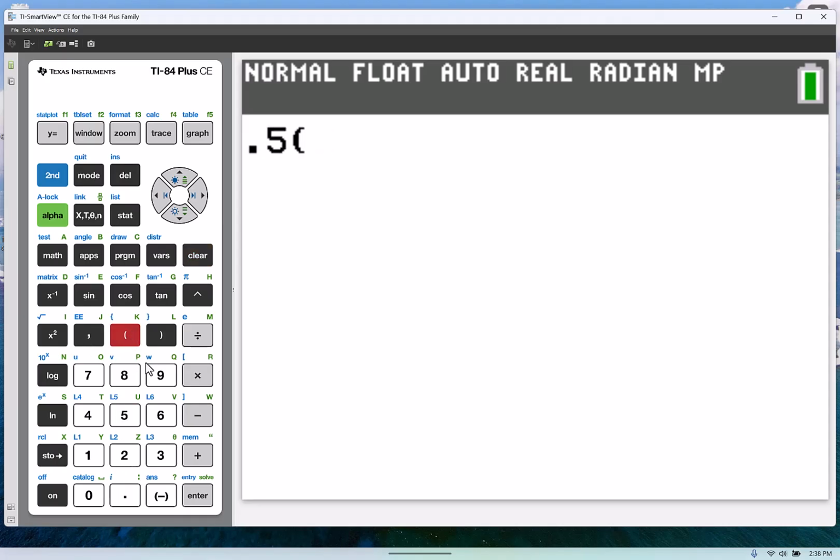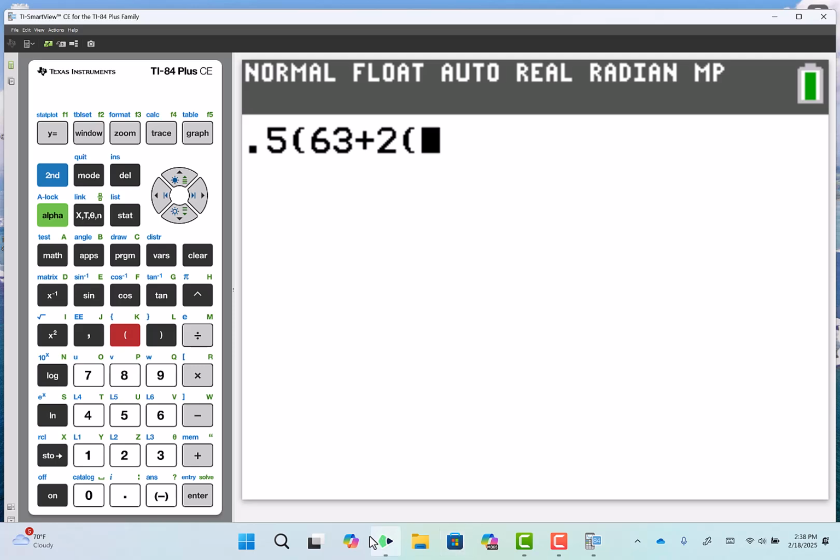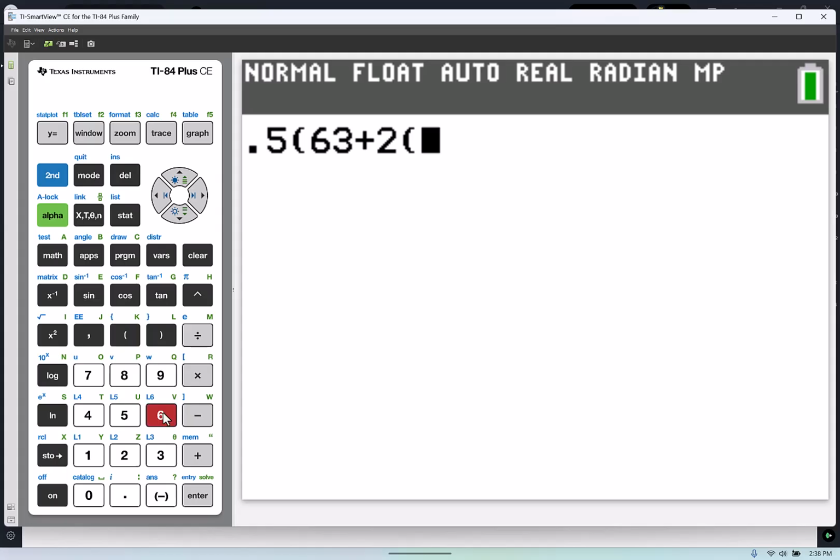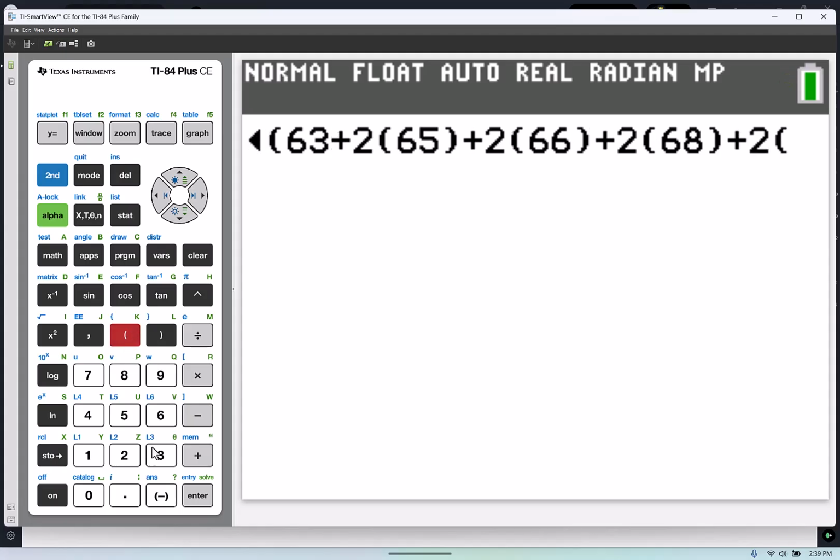What's the first one? 63 plus 2 times 65, plus 2 times 66 plus 2 times 68 plus 2 times 70.